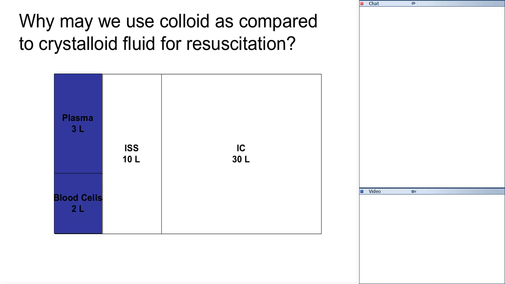And in comparison to a crystalloid fluid, where when you give crystalloid, 2/3 to 3/4 of that fluid immediately leaks out of the intravascular space into the interstitial space and then eventually into the intracellular space, all the colloid's supposed to stay intravascularly, to get a bigger bang for our buck when we resuscitate with colloid. In fact, when you look at the textbooks, the ratio often is cited as for every one colloid that you give, you're going to give 3 to 4 crystalloids.